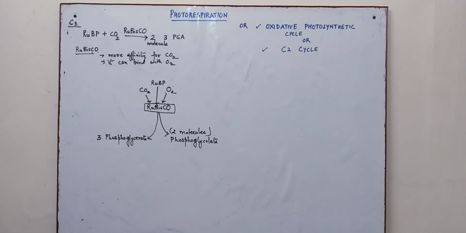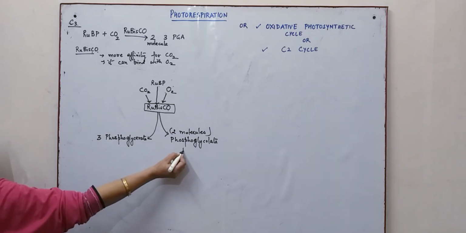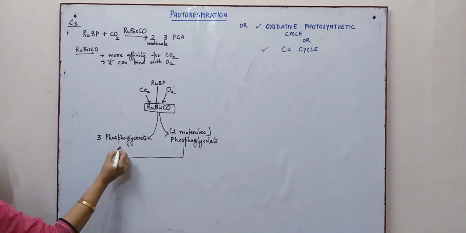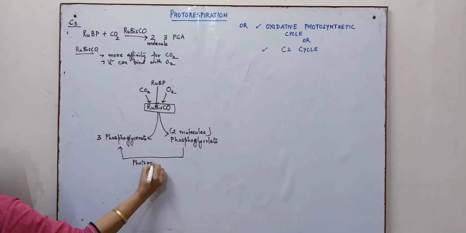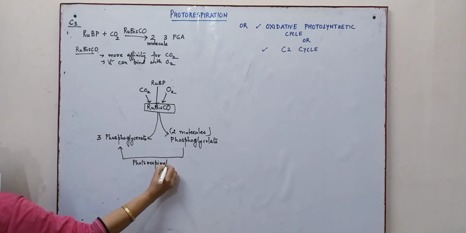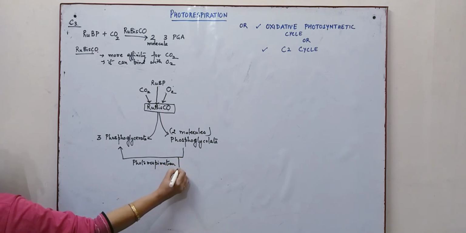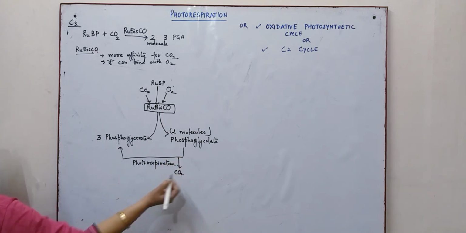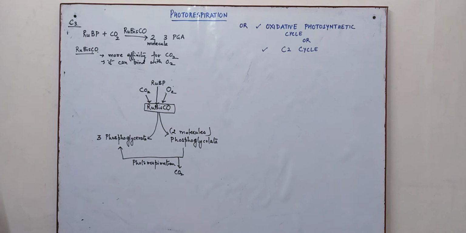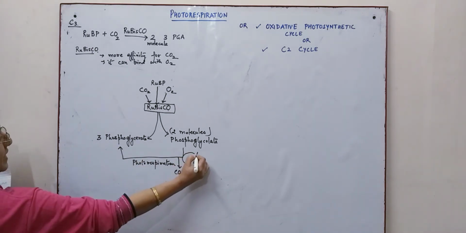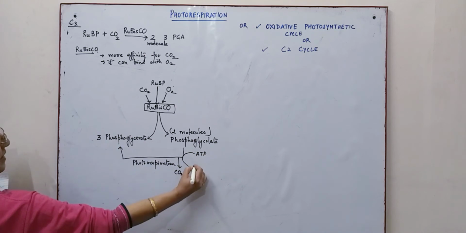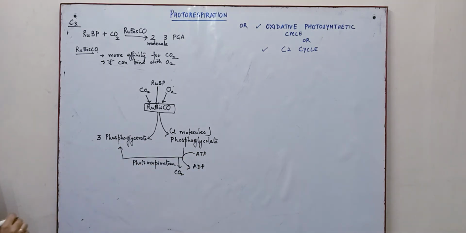This phosphoglycolate undergoes a process of photorespiration, and a molecule of carbon dioxide is released. This process requires ATP in the form of energy.